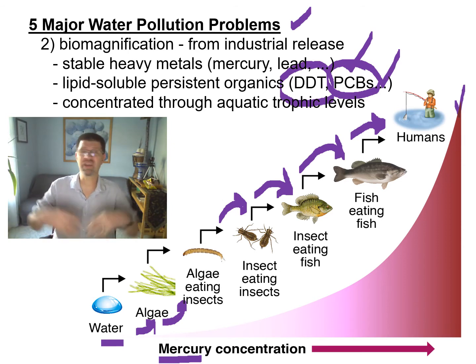Anyway, these are chemicals that were very commonly released into the environment in the past, and now it's illegal to release them, but they're still there. And so we're working at trying to get them out of the environment. Some of them are very dangerous, very carcinogenic. So mercury, if you remember, is a neurotoxin and causes developmental problems.